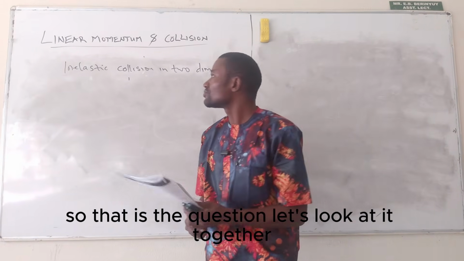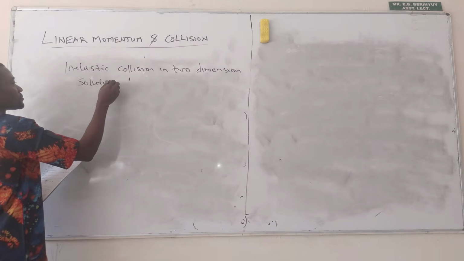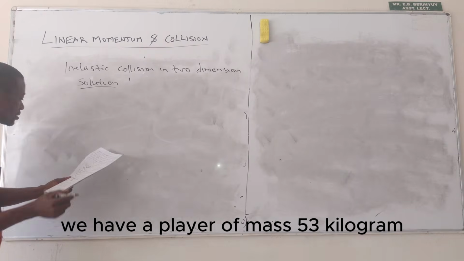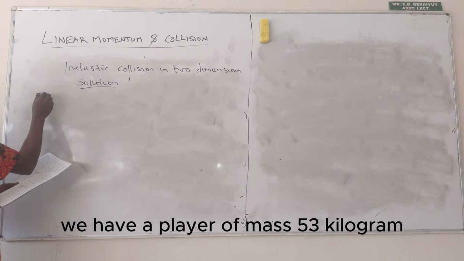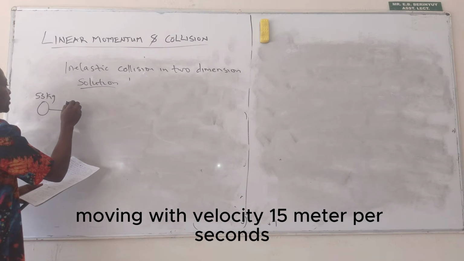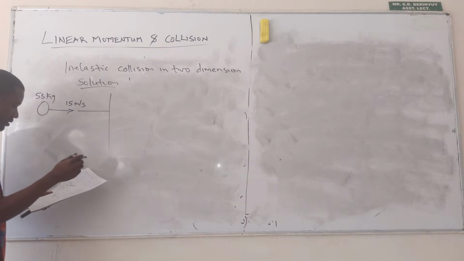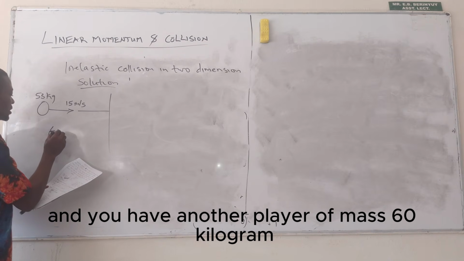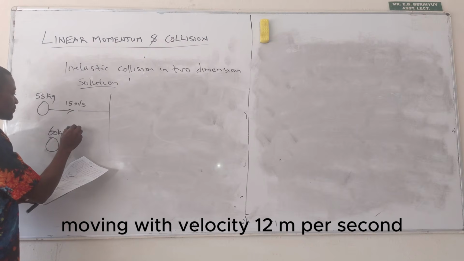So that is the question. Let's look at it together. Solution. We have a player of mass 53 kilogram moving with velocity 15 meters per second, and you have another player of mass 60 kilogram moving with velocity 12 meters per second.